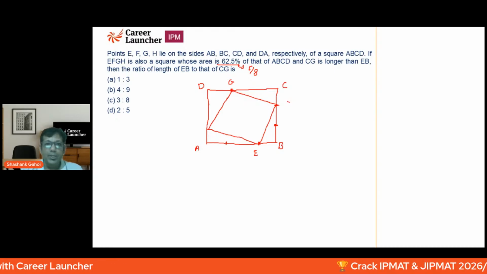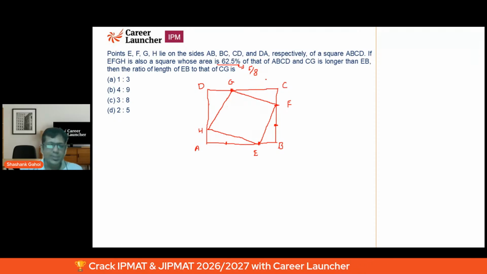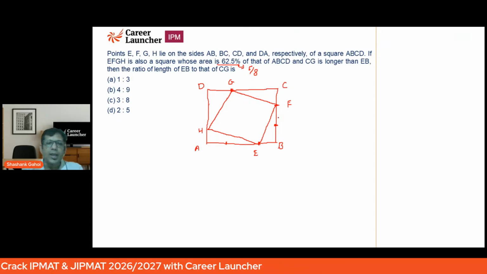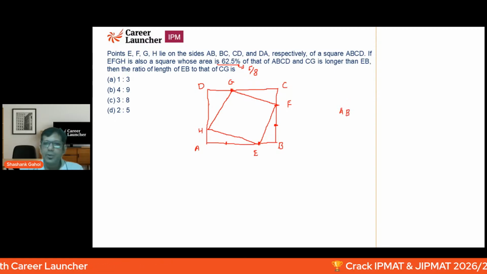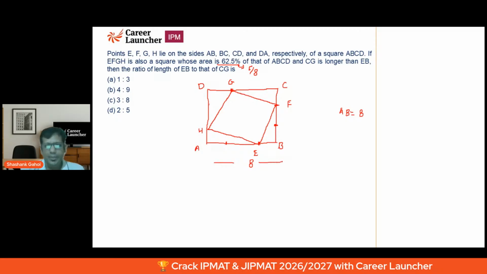Now, EFGH is also a square, and the area of EFGH is 5 by 8 of this. So I am going to assume the side AB is equal to 8, just a random assumption. I can go with any number. Why am I going with 8?